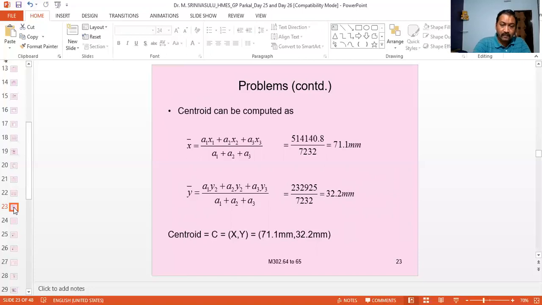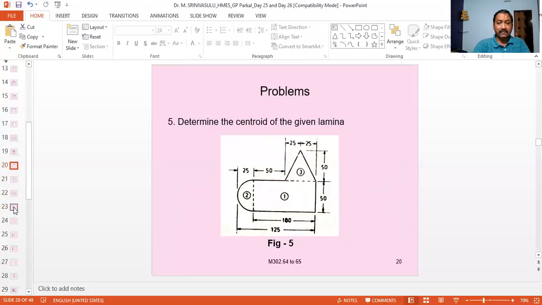So the centroid of the given figure is acting at a distance of 71 and 32, somewhere here. Approximately the centroid of the given figure is acting at the position of the cursor located on the figure.